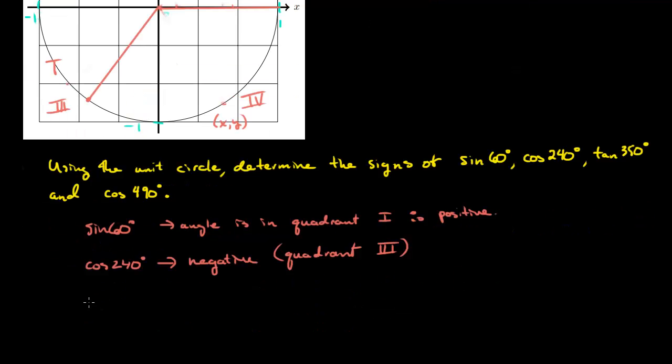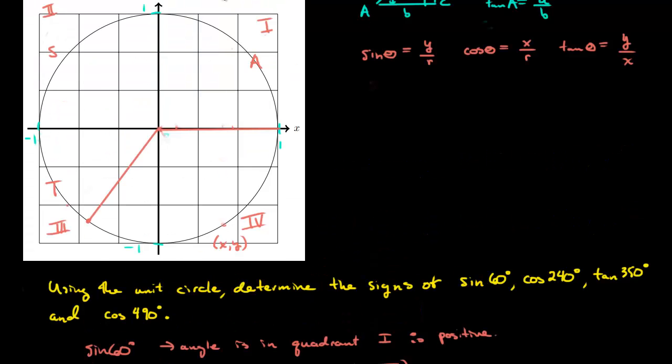And let's see here. Next, we've got the tan of 350. 350 degrees is in quadrant, well, let's see here. Let's draw this out again. So here we've got to go from the initial arm to the y-axis is 90 degrees, then 180, then 270, and then 360.